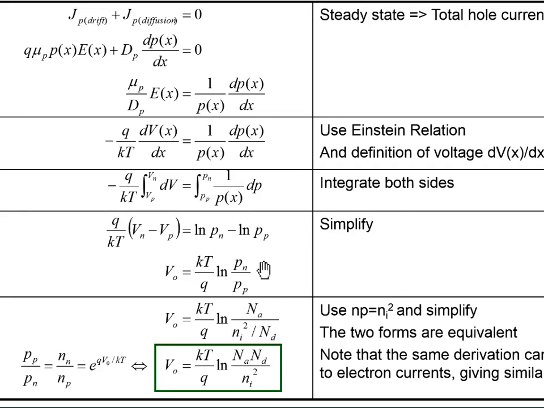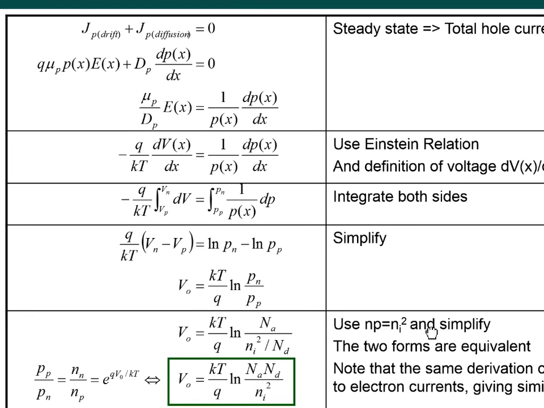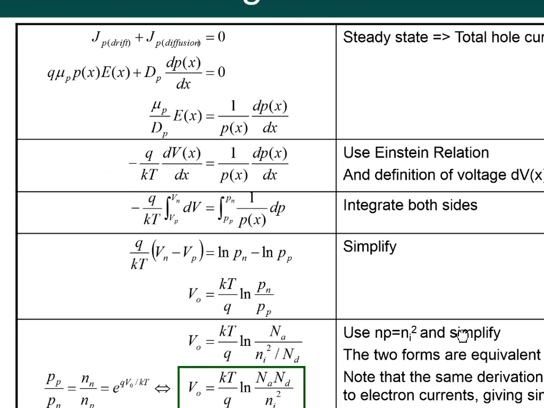So on the left side, you're taking the integral with respect to the voltage. On the right side, you're taking the integral with respect to the concentration. You have to be careful about the limits. So what you're doing is you're taking the integral from one side of the junction to the other side of the junction. So as you go from one side of the junction to the other, this VP is going to go to Vn.